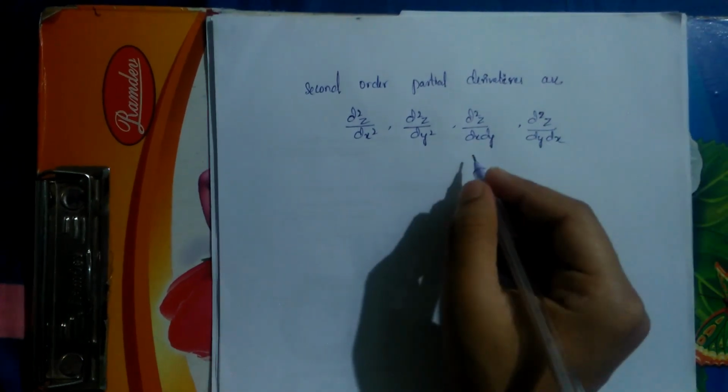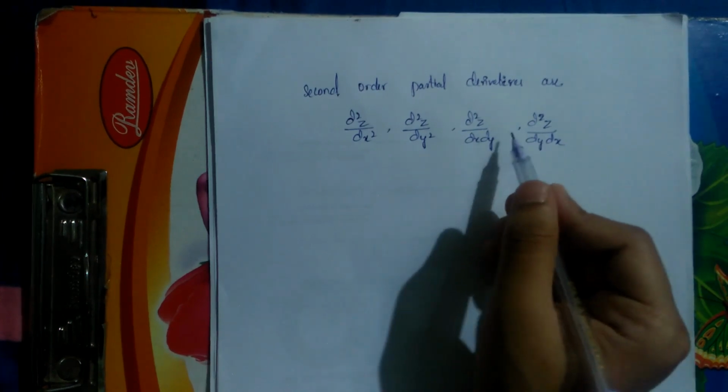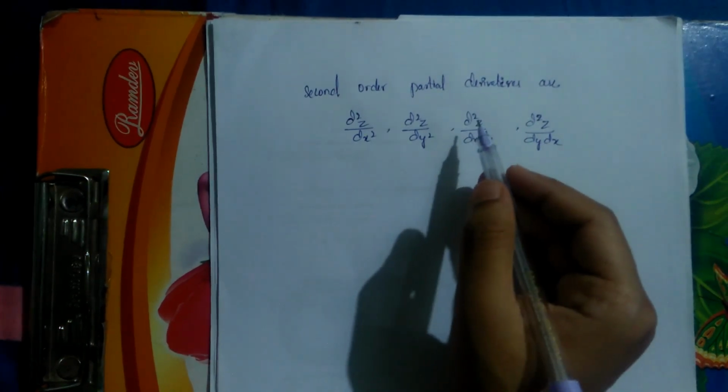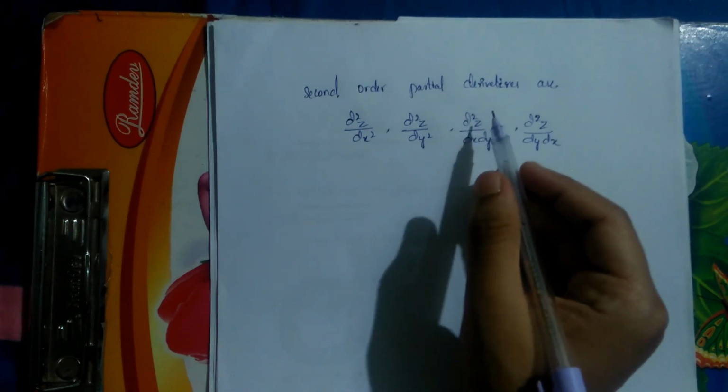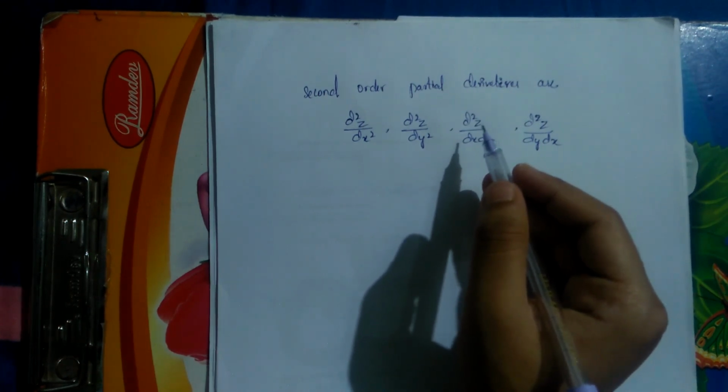So these four are the second order partial derivatives. Here z is a function consisting of two variables x and y. These are second order partial derivatives, whose order of derivative is 2. It means the function is derivated 2 times.